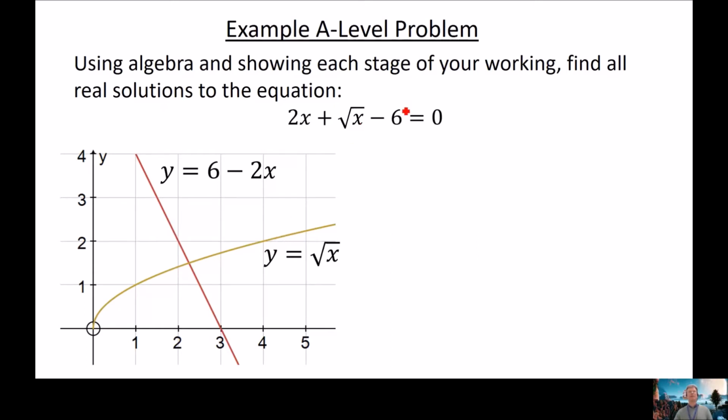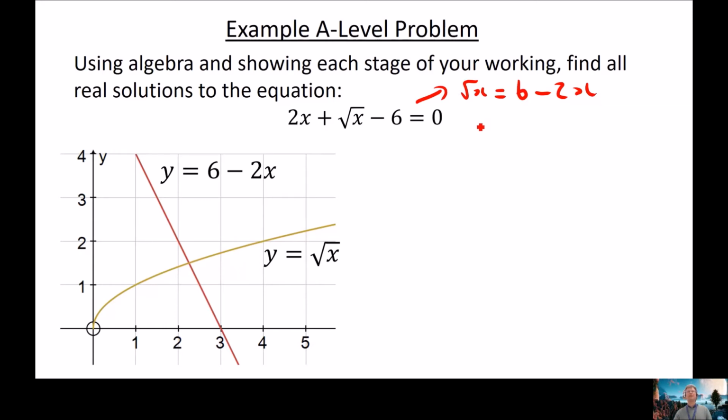We've taken this equation and rewritten it in a slightly different way. I've left the root x and moved the 6 over the other side of the equals, and I've moved the 2x over the other side of the equals, and that equation is equivalent to the one we started with.